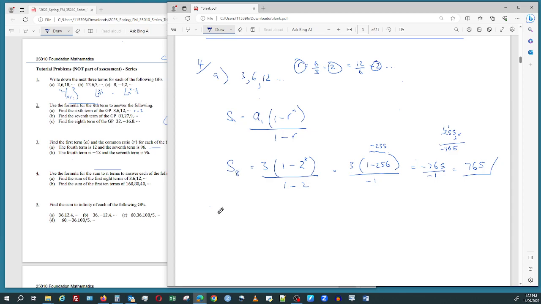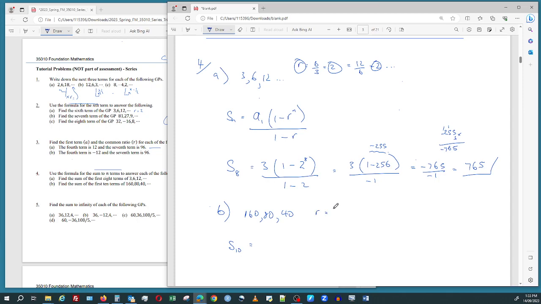Alright, for part B, we want the 10 terms, and it's 160, 80, 40, and we want to find S10. Okay, the sum of the first 10 terms. So the first thing we've got is to find r.